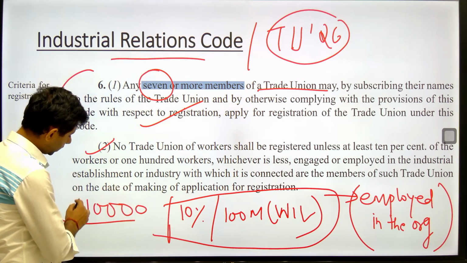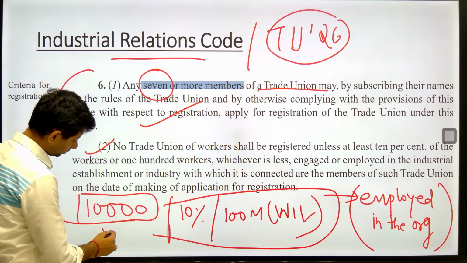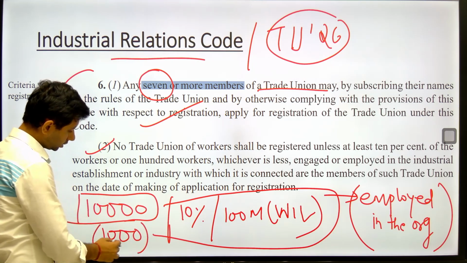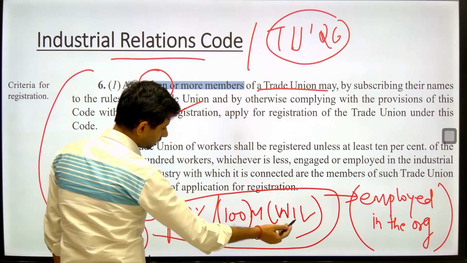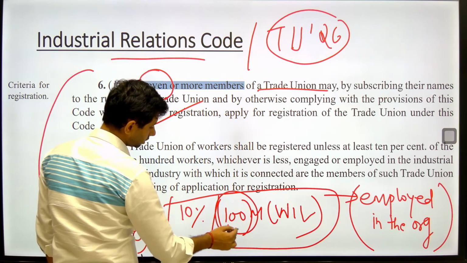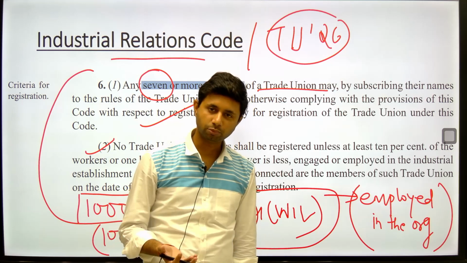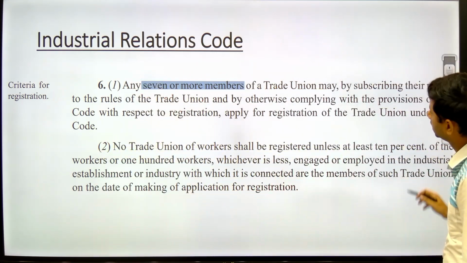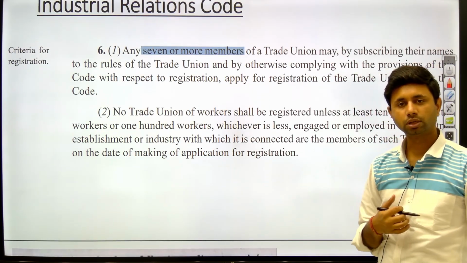For that trade union to continue functioning, either 1000 members, which is 10%, or 100 members, whichever is less. So obviously 100 members of the trade union must be employed in the company in which they are actually working. So this is another rule with respect to registration of a trade union that can come in the EPFO examination.